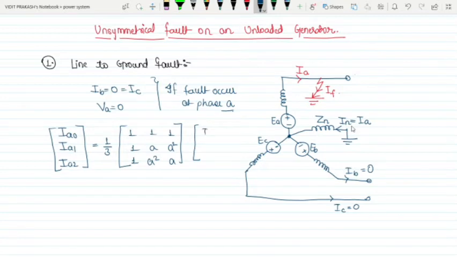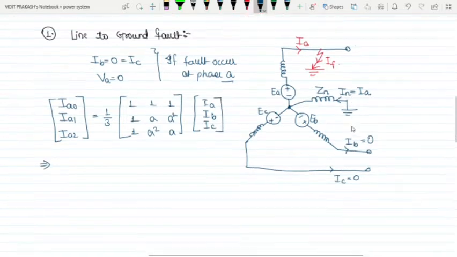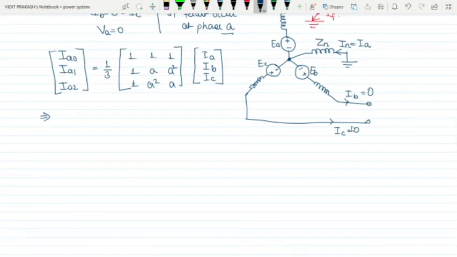And here you will get phase currents IA, IB and IC. Now IB and IC is 0, right? So what will be the equation we got here? So what we will get here?